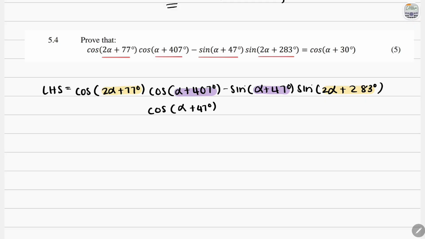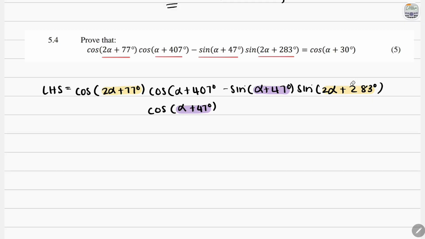Okay, so it is following this order. You just have to switch these two around, rewrite them. Okay, so it is still cos 2 alpha plus 77 degrees, cos alpha plus 47 degrees, sine alpha plus 47 degrees, which is fine. You see how they are the same. And that's actually what we want until we get to like this point.